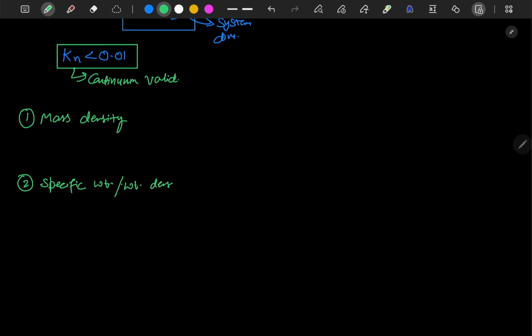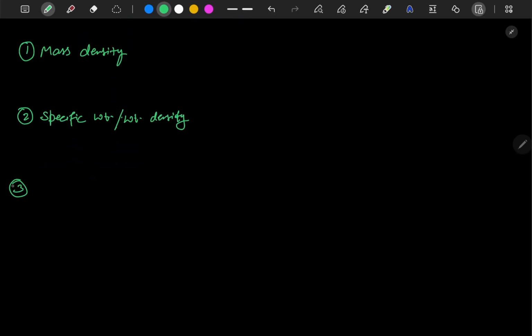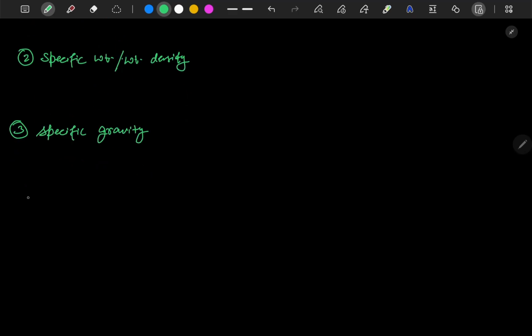Third property is your specific gravity. Next property is your compressibility, or we can also say bulk modulus.